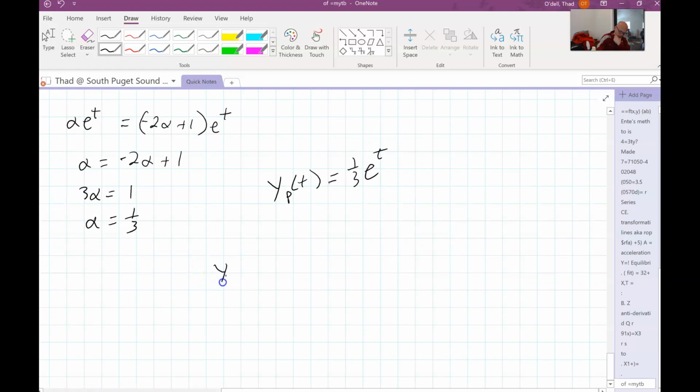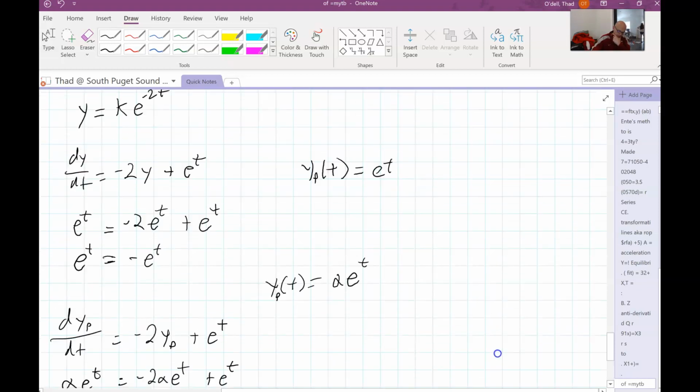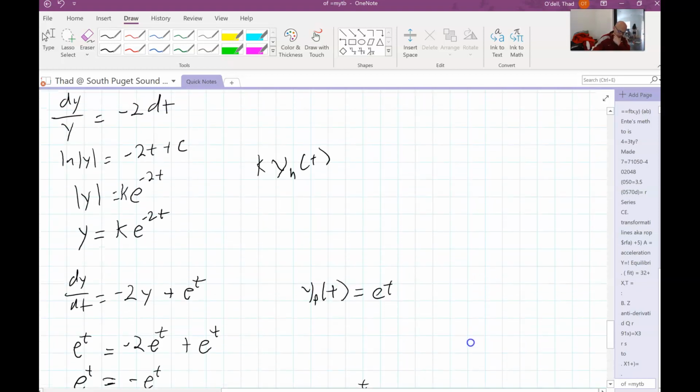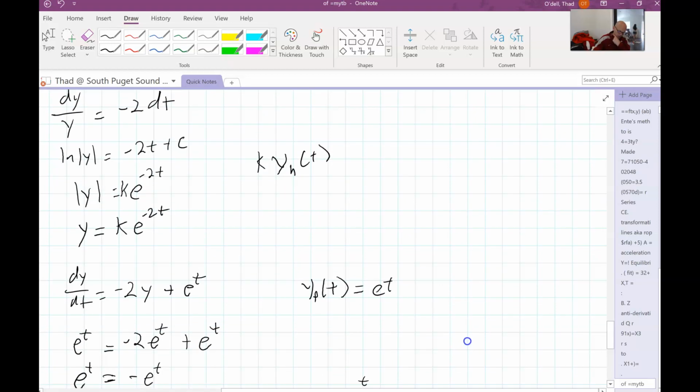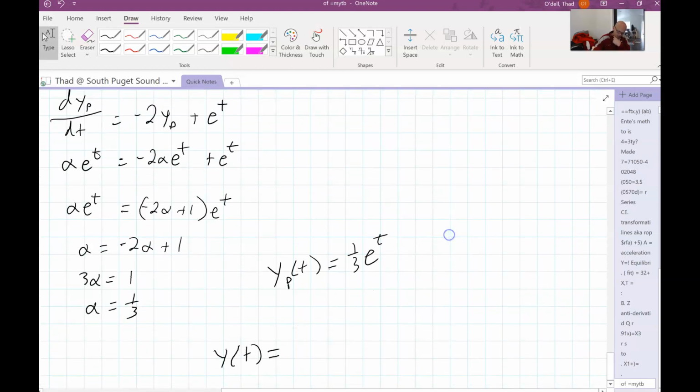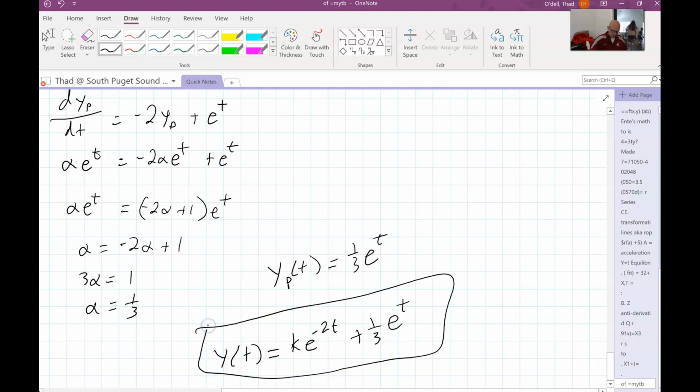Our general solution, y of t, is going to be equal to the solution to the homogeneous part, which was k times e to the negative 2t, plus the one particular non-homogeneous solution, which would be plus 1/3 e to the t. So that is the general solution to that differential equation.